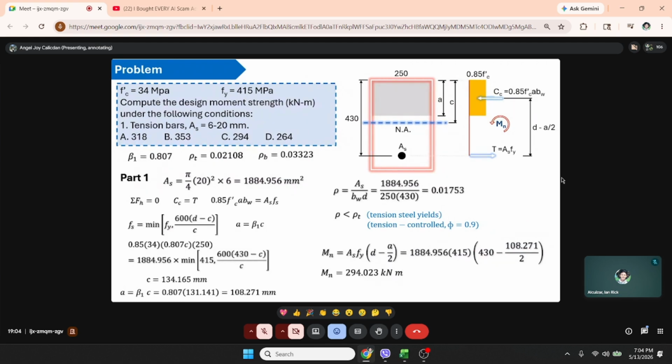And you have Mn equal to 294.023 kilonewton meter. And to get the design moment, multiply sa phi na 0.9 and you'll get 264.62 kilonewton meter.